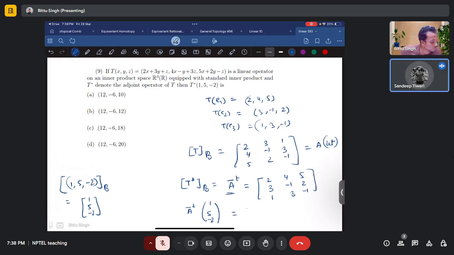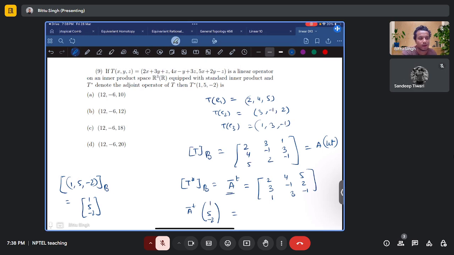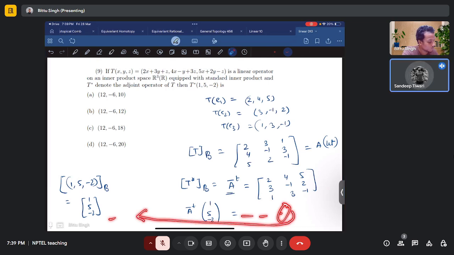Even if you choose a different basis, you will get the same answer. Though the representation will be different, you need to multiply by the coordinate vectors.